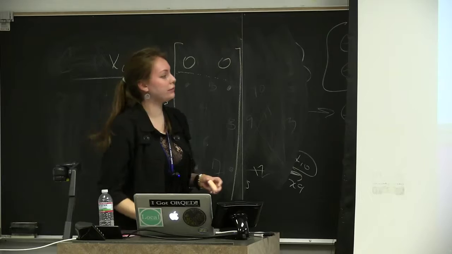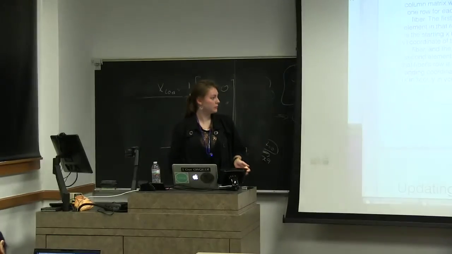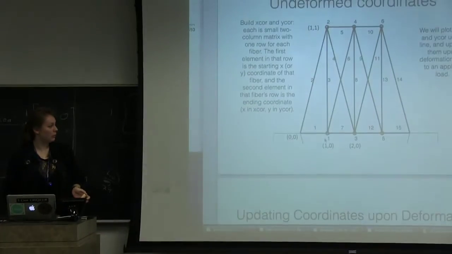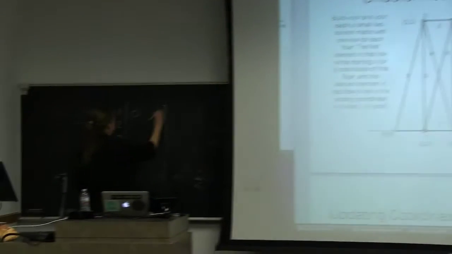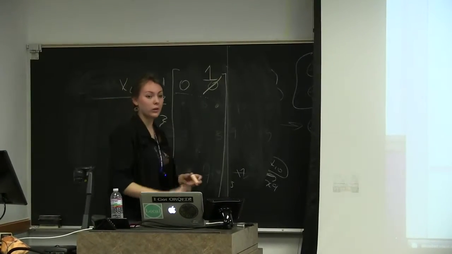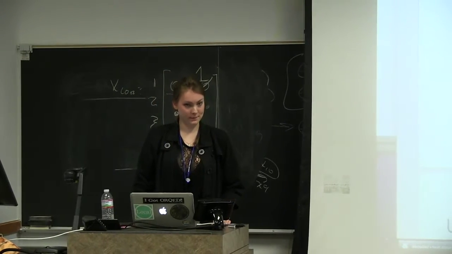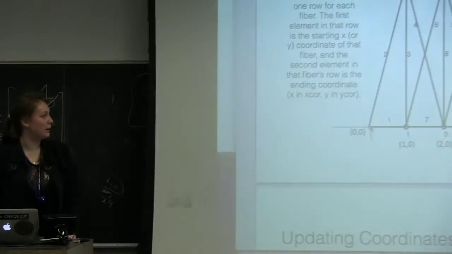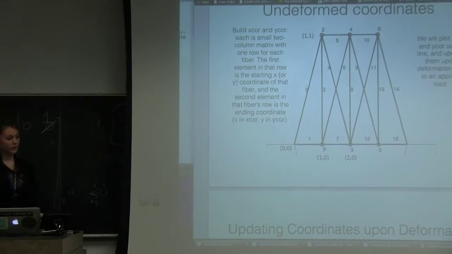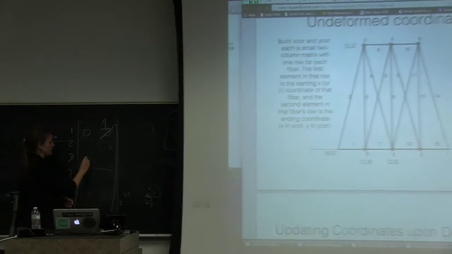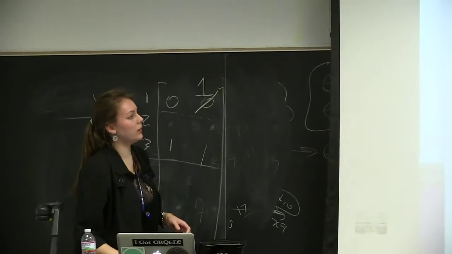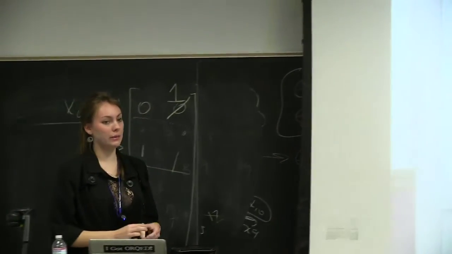Head and tail both have coordinate 0. So fiber 1 is this guy. Y core would be what? Okay, what about fiber 3? What's x core there? 1, 1. Okay. What's y core for fiber 3?